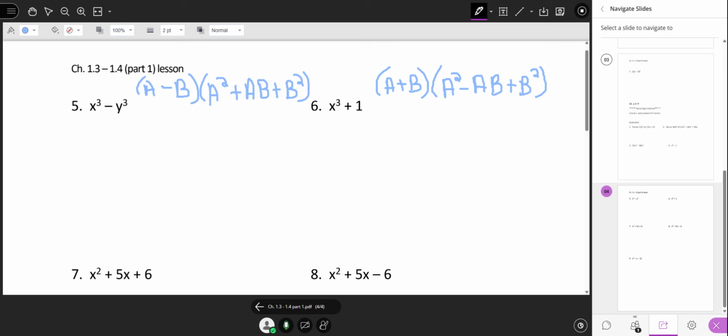Now remember what I told you. a equals, b equals, a squared equals, ab equals, and b squared equals.